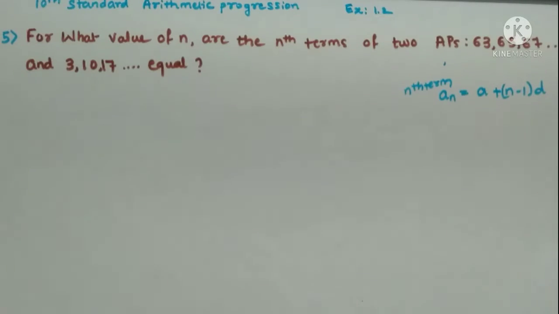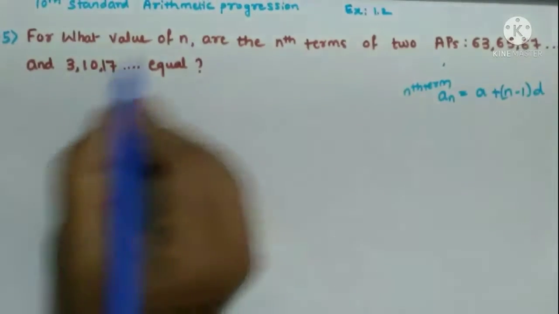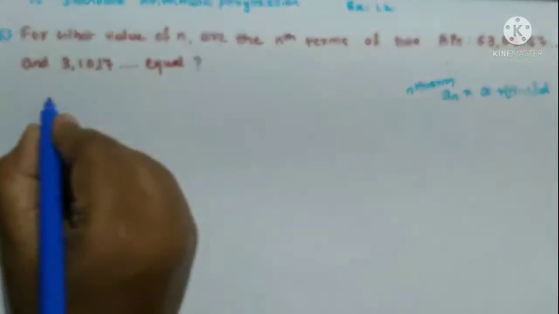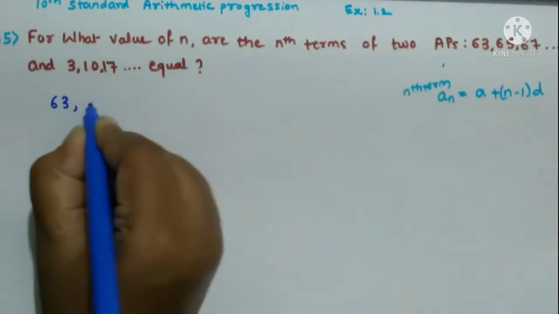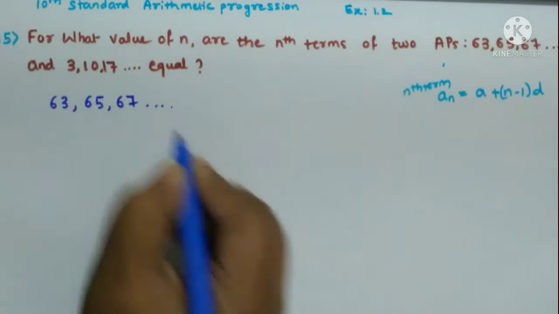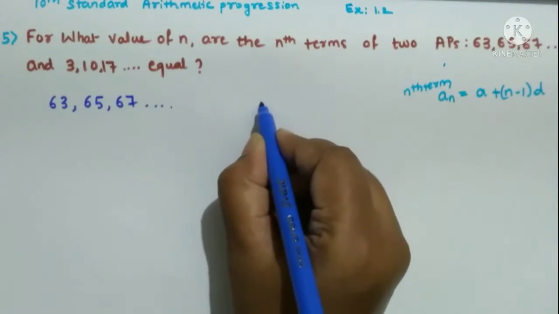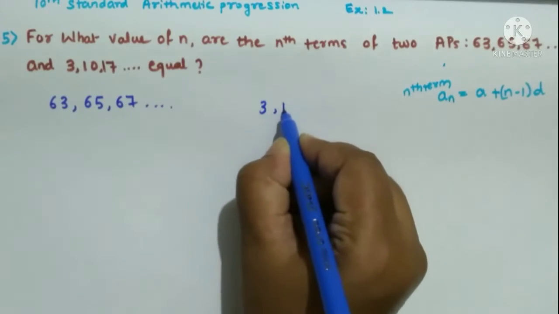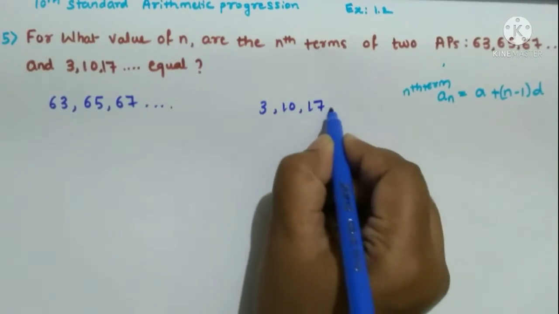Okay, so now, one AP is 63, 65 and 67, and one more is 3, 10 and 17.